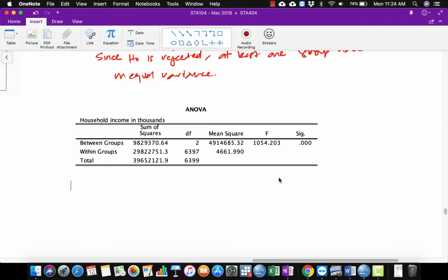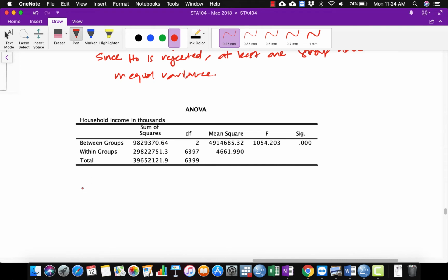The hypothesis for this one is H null: mu for group 1, which is less than 5 years. Let's say we indicate group A as less than 5 years, group B is 5 years to 15 years, and group C is more than 15 years.